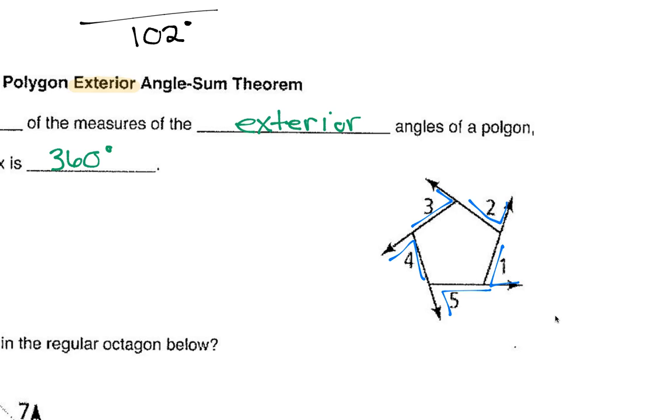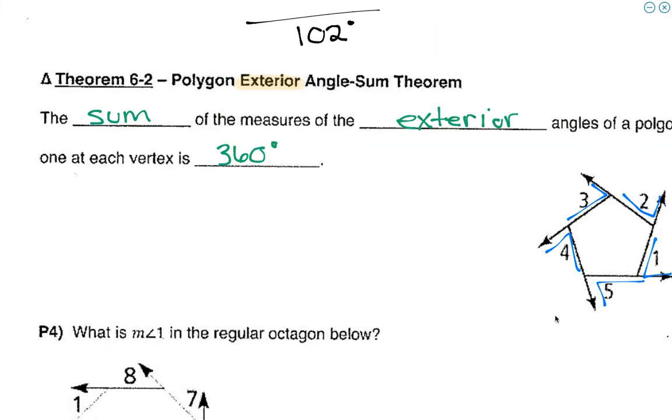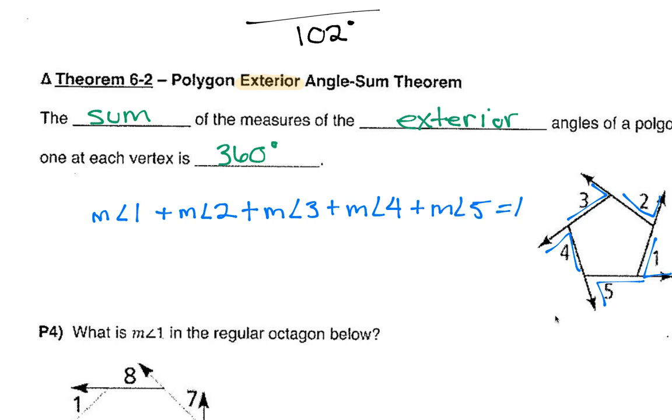Meaning if I was to take all 5 of those blue angles and make them adjacent to each other, they would make a full circle. So the measure of angle 1 plus angle 2 plus angle 3 plus angle 4 plus angle 5 should all add up to 360 degrees.